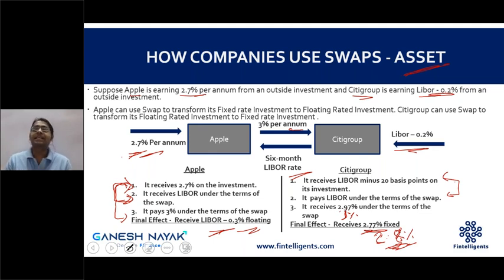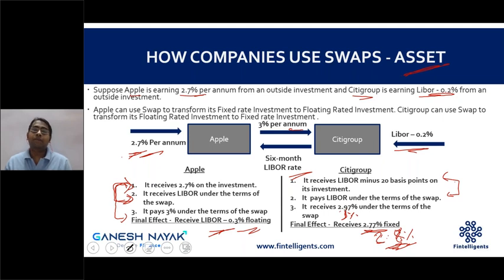Now, if I look at the entire transaction again and summarize it, what is happening is that Apple has already taken an asset which is a fixed rated asset. It feels that the interest rate is going to increase, and if the interest rate increases, it will not be able to make money. So we enter into a swap to convert a fixed rated asset into a floating rated asset. Similarly, Citigroup has entered into a floating rated asset, and they feel the rates are going to come down, and if the rates come down, we'll lose a lot of money.